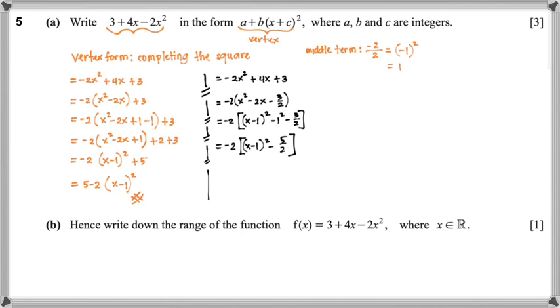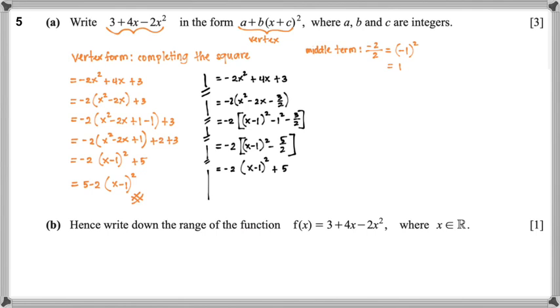Okay? 1 squared is 1. Minus 3 over 2 will give us minus 5 over 2. Moving on, we'll get negative 2 times x minus 1 squared, plus 5.